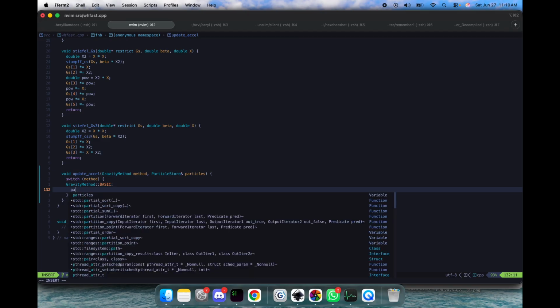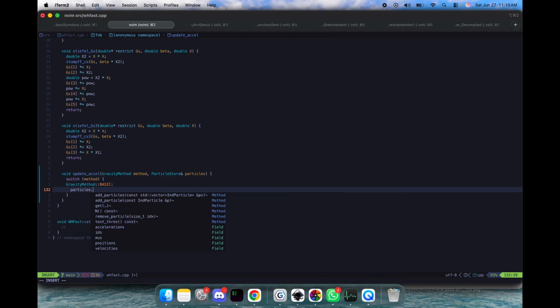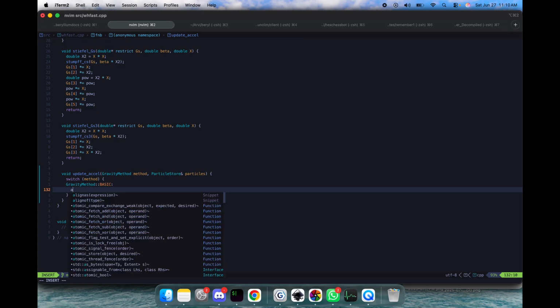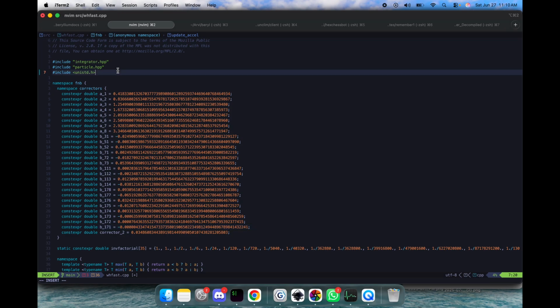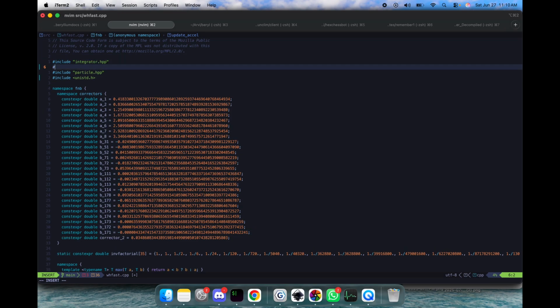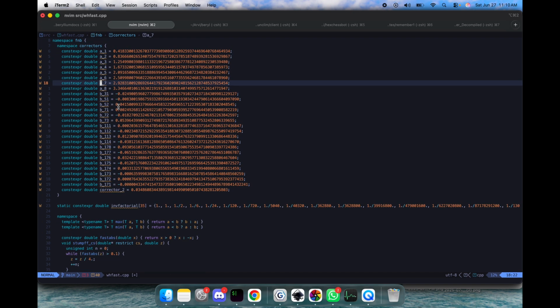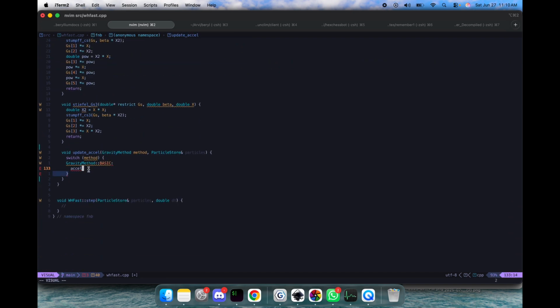You have Excel, a better solution here. I have to include gravity, if I can. Yeah, I forgot case. I've been doing too much Rust lately.